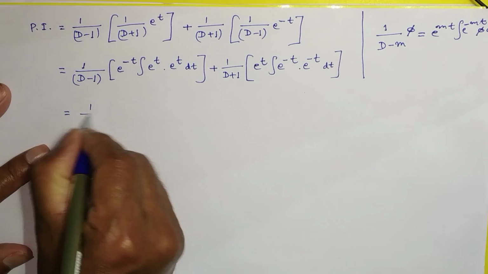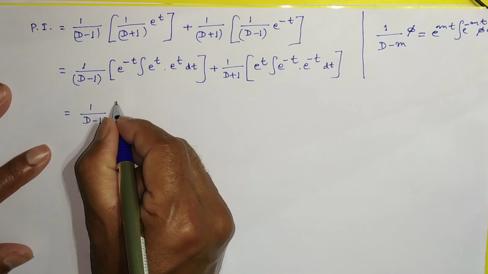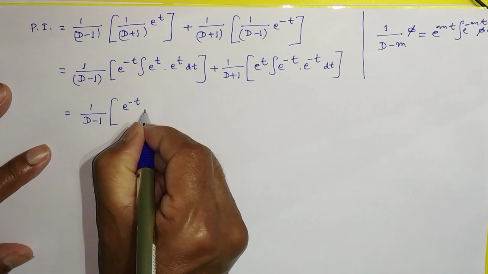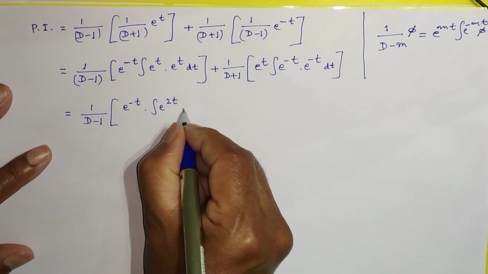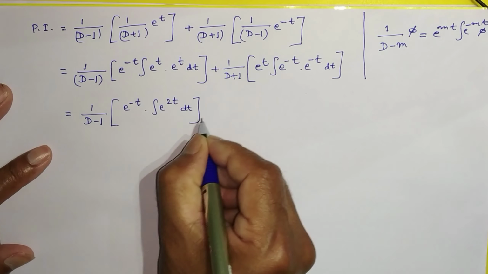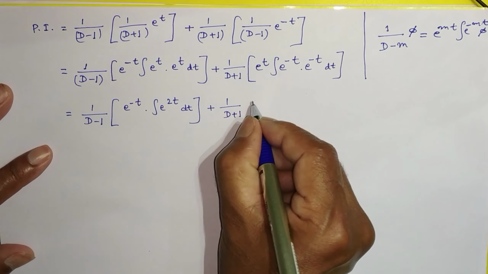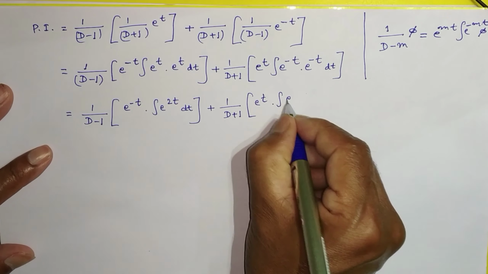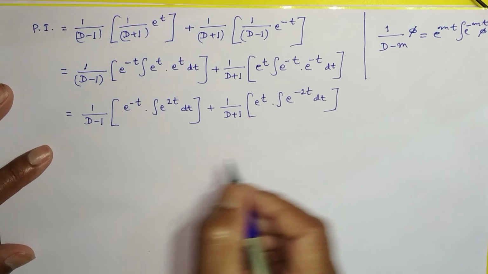Now it is 1 upon D minus 1 e raised to minus t, and it is integral e raised to twice of t dt plus 1 upon D plus 1 e raised to t integral e raised to minus 2t dt.